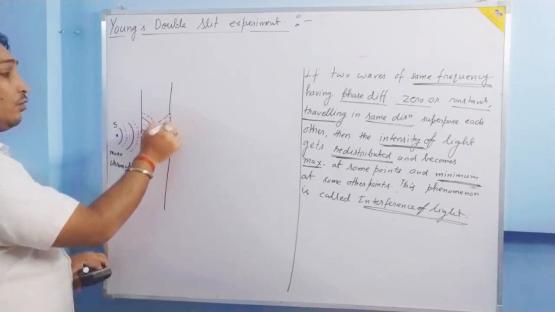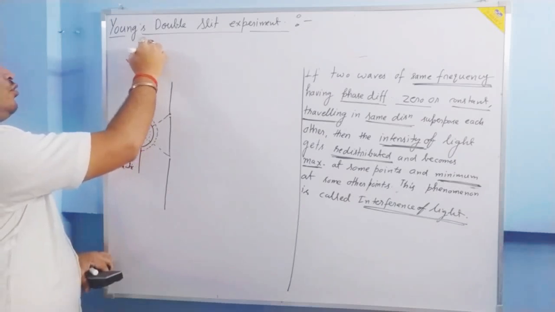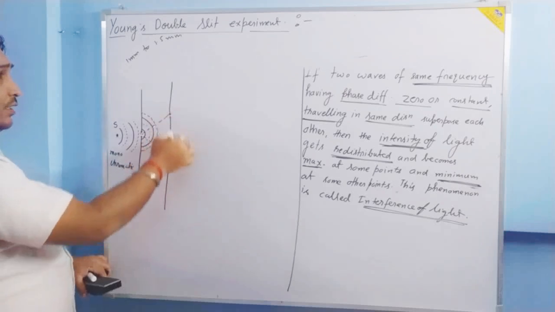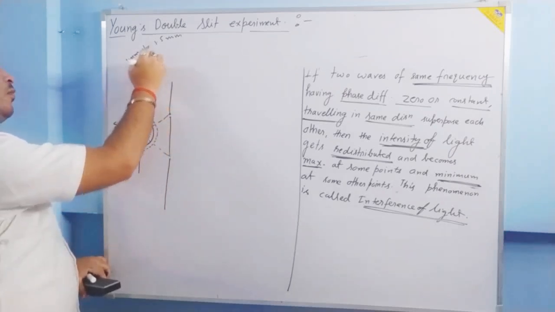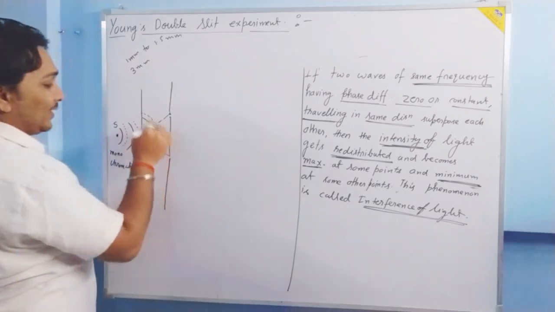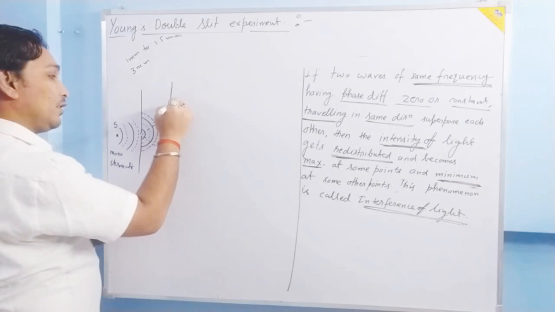These holes are very narrow, 1 mm to 1.5 mm in diameter, and the distance between these holes is about 3 mm. Now what happens? When this light strikes over here, again wavefronts are generated.